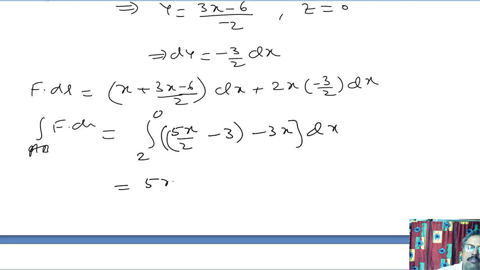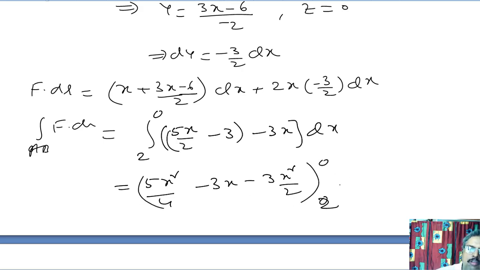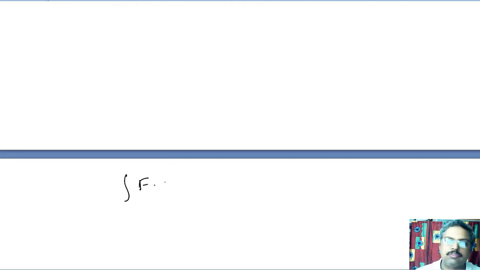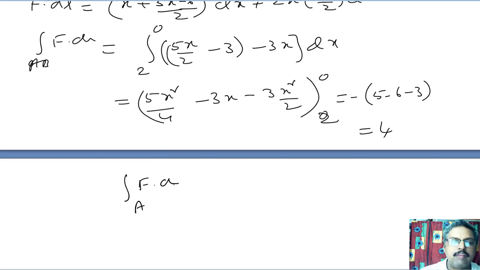So 5x square by 4 minus 3x square by 2. Now substitute the limits, 2 to 0, and you will get the required solution. 4 cancels, minus 6; 4 cancels, minus 3. So minus 9 plus 5, minus, so the answer is 4. The integral of f dot dr along AB equals 4.